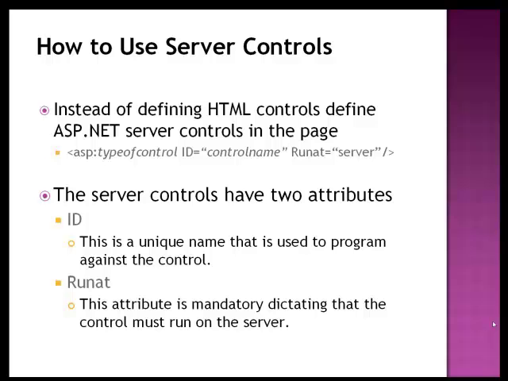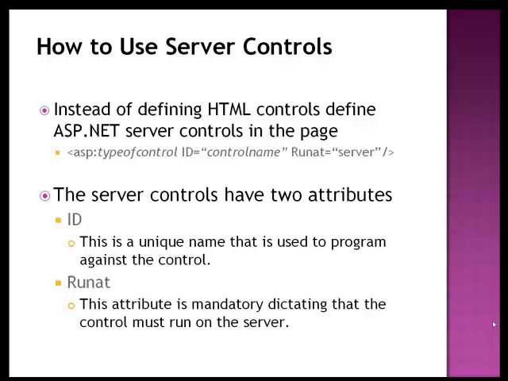So for example, if you have a text box and you want to put text in it, you assign a meaningful ID to this server control, and then in your program you assign whatever text you need to it by calling that particular ID. Notice that this ID has to be unique. If you have multiple server controls with the same ID, your Visual Web Developer will give you an error in the error list window.